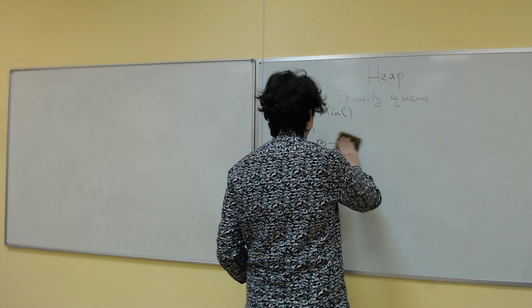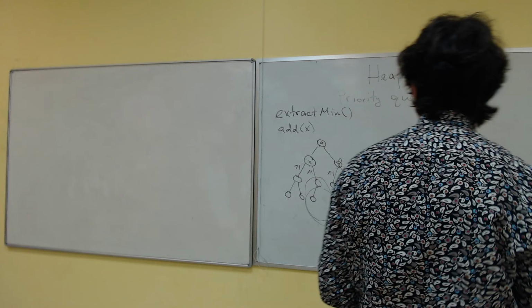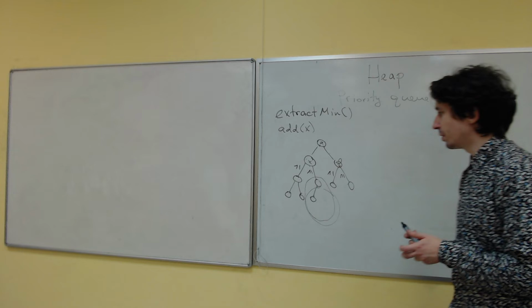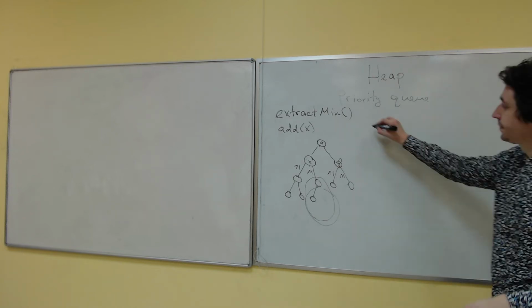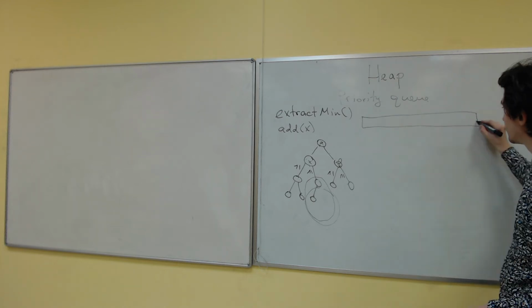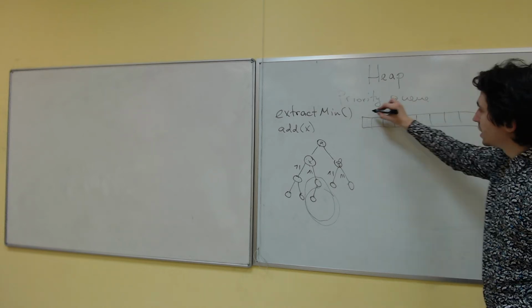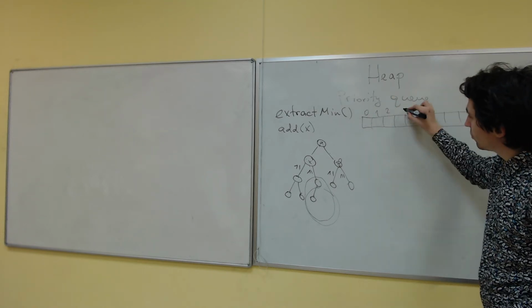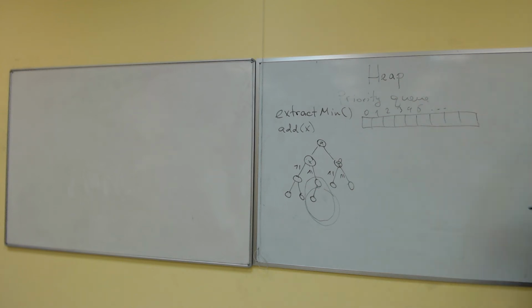So to be more clear, let us write the code for this data structure. What is the perfect way to store this data structure? It should be an array. So it is 0, 1, 2, 3, 4, 5, and so on.